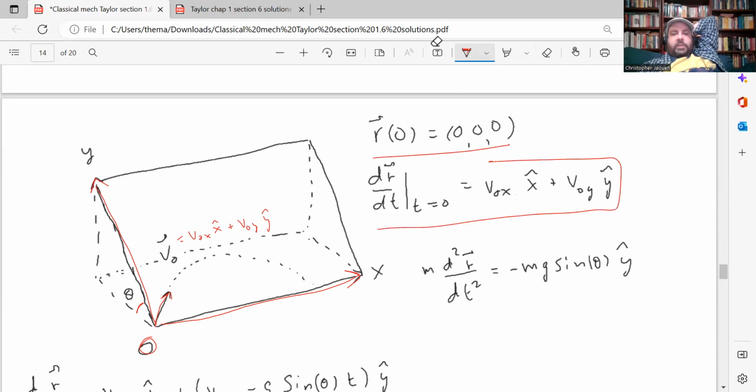Right, so our initial position is the origin. Our initial velocity is this, and then we can set up our differential equation from Newton's second law using the fact that the puck is accelerated this way by gravity. Right, there's a component of gravity, so the gravity is pointing this way, right? Negative mg is going this way.